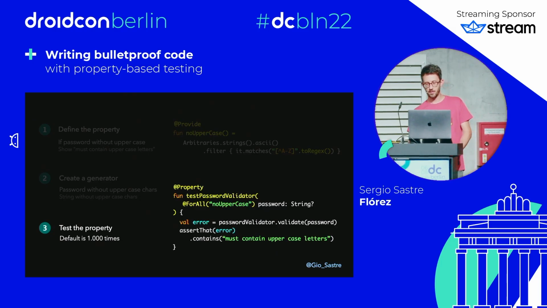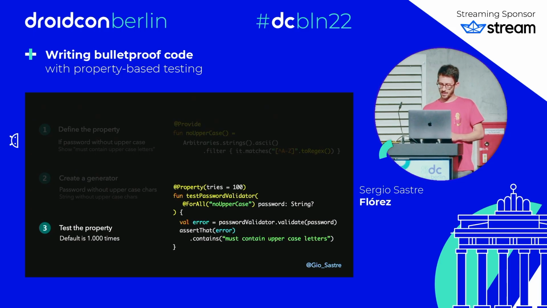But if we don't want jqwik to generate 1,000 examples, we can say, OK, just generate 100. And we can do it like this. It's also configurable in Kotest, the number of examples that will be generated, with different syntax, and so on.